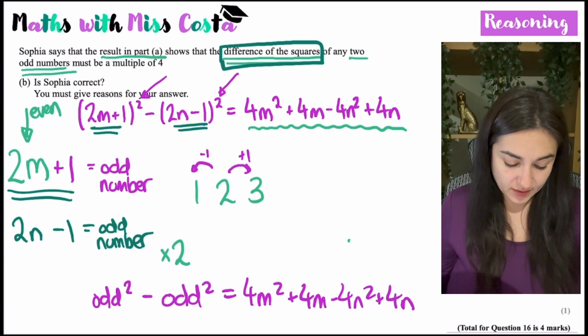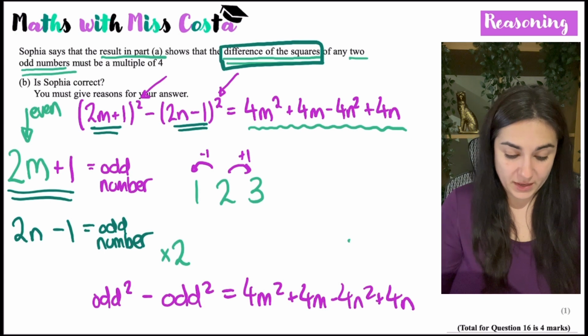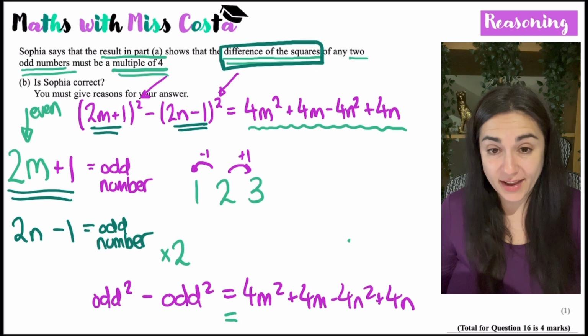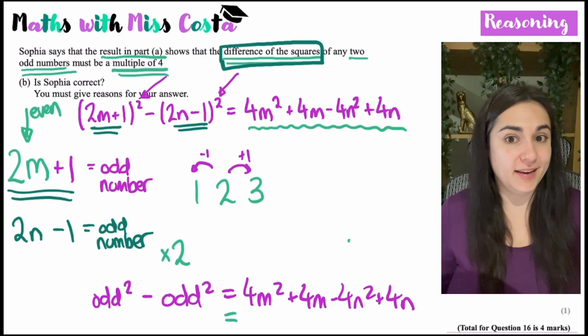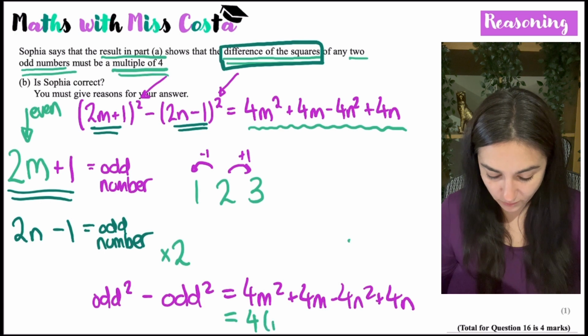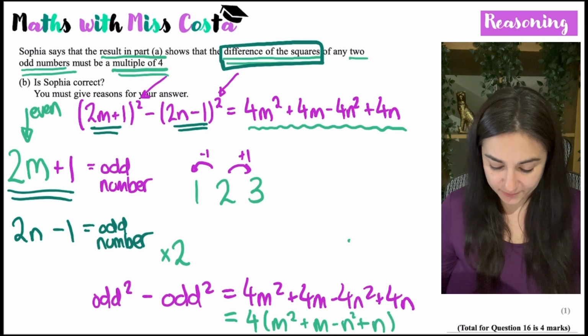Now, does an odd number squared take away an odd number squared mean that the answer has to be a multiple of 4? Well, let's think about it. Can I factorize this? Is there anything in common with each of the terms? Yes, I can take out 4. So that would become 4 times m squared plus m, take n squared plus n, okay?